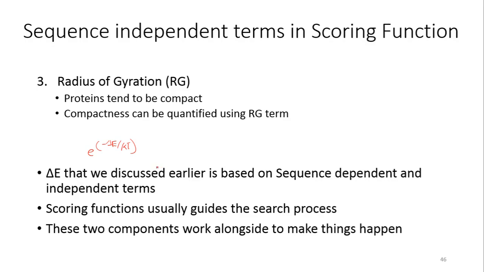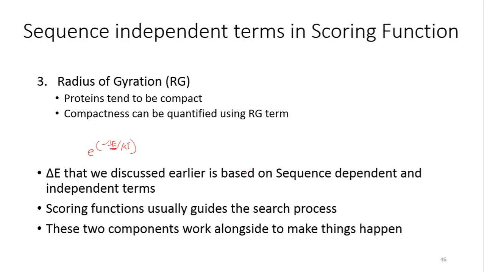In this expression, the value of delta E is based on the sequence dependent and sequence independent terms that we calculate in scoring. So in this way, my friends, the scoring function usually guides the search process. Lower or higher energy scores obtained while scoring will dictate to the algorithm how to proceed in Monte Carlo steps.